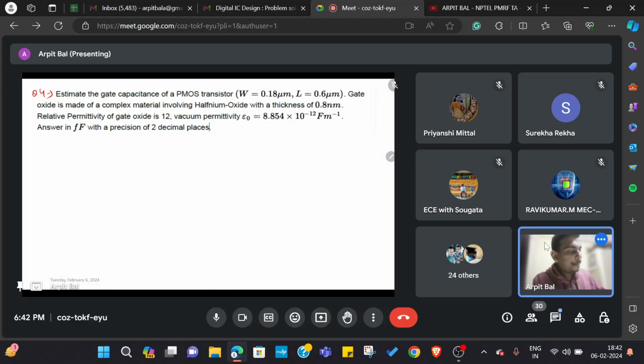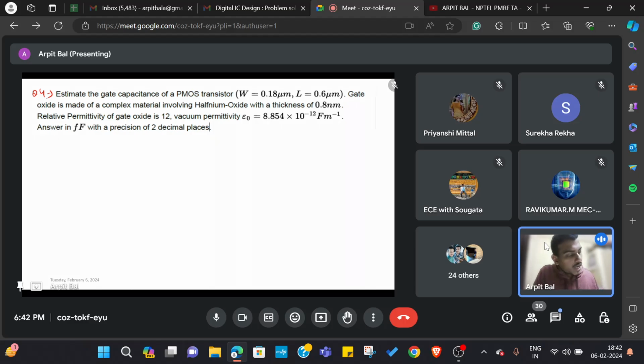Okay, so this is our question 4. Now we have a few questions related to the capacitance. What we are given is a PMOS transistor whose W is 0.18 micrometer and L equals 0.6 micrometer. The thickness of the gate oxide Tox is 0.8 nanometer.